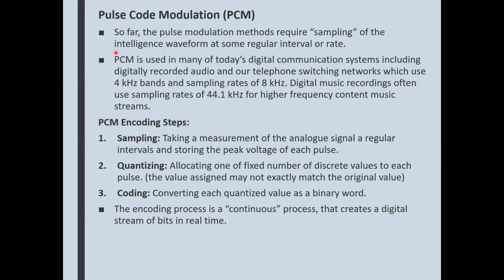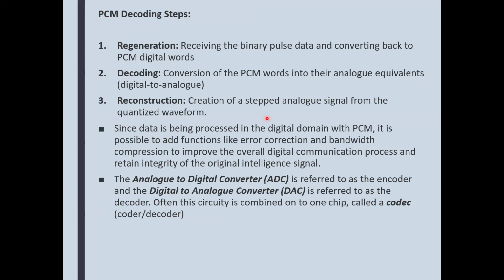So PCM, pulse code modulation. Each pulse receives a number, a code. PCM decoding steps: regeneration, receiving the binary pulse data and converting it back to PCM digital words, and decoding, the conversion of the PCM words into the analog equivalents, digital to analog.